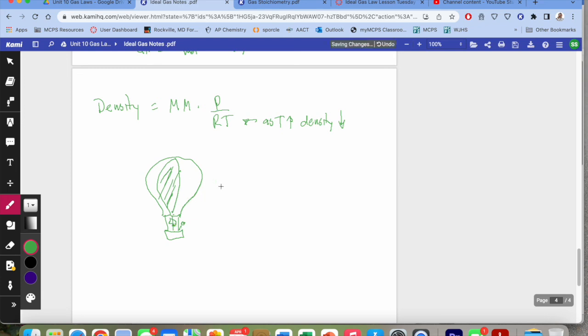And as the air heats up, right, it becomes less dense, and the balloon floats. So, right, the whole explanation for hot air rising is because as the temperature goes up, the density goes down. Right? And that's where we stopped the class. So, yay us.